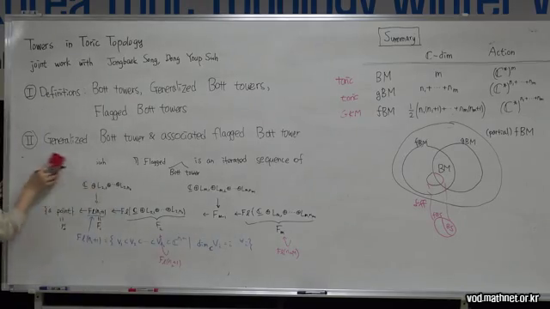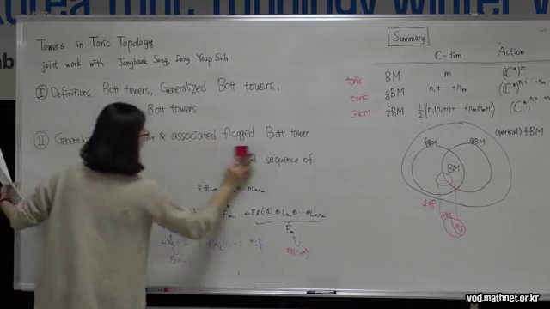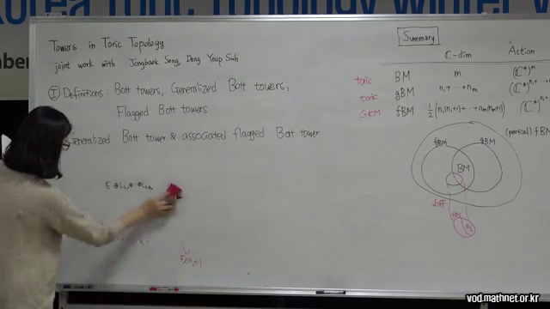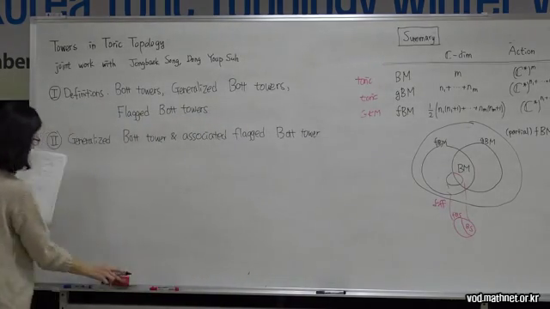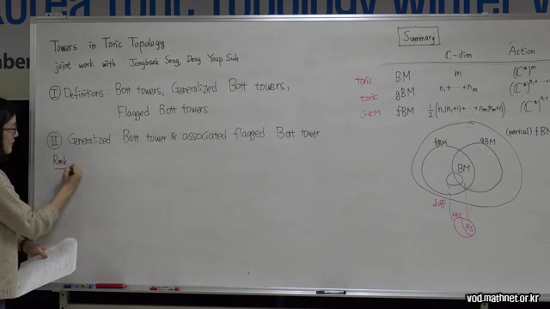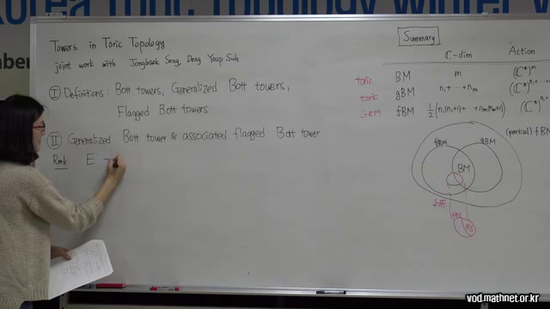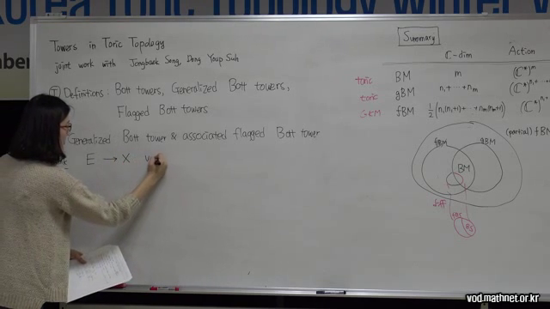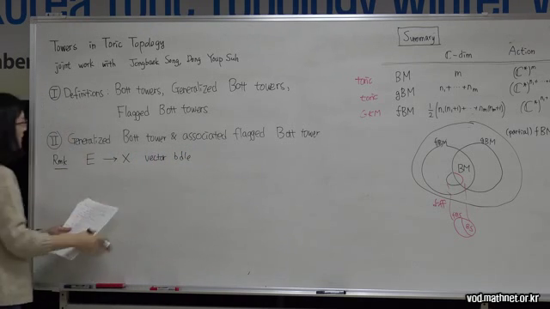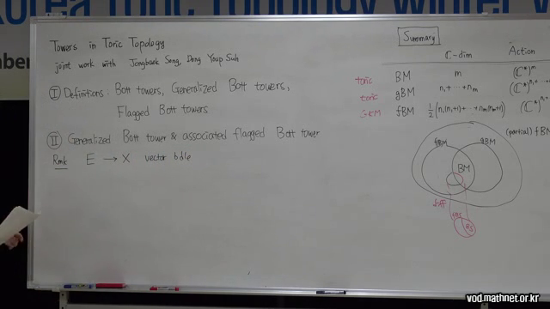Okay, then I would like to move to part 2. First, I would like to remark that for any given vector bundle on the manifold, we don't need to assume that it can be expressed as a sum of line bundles.